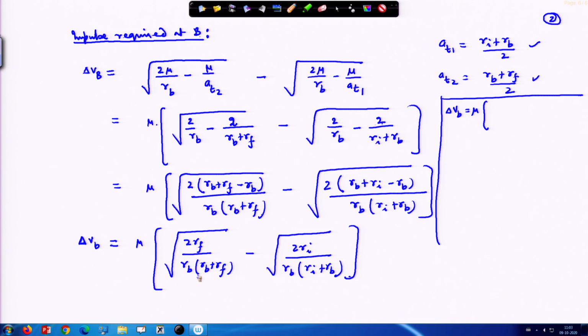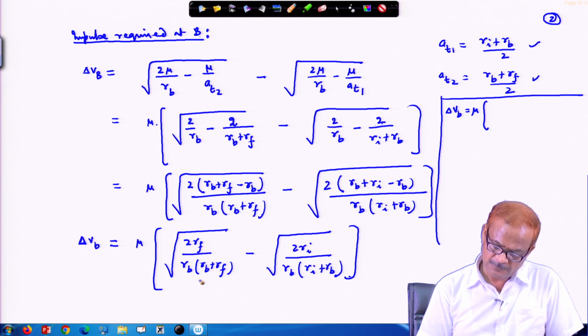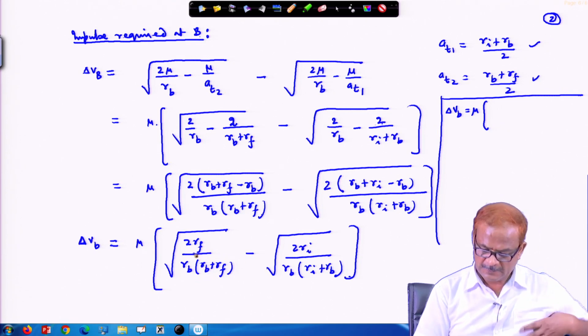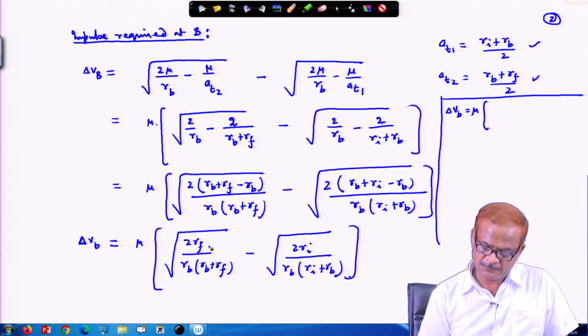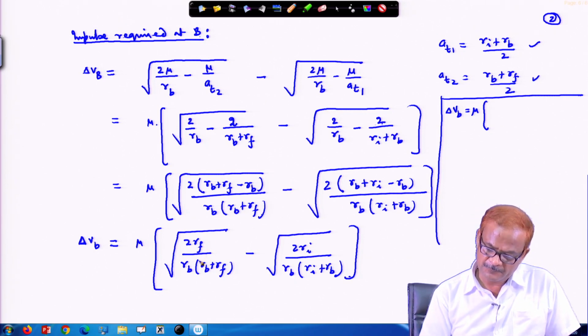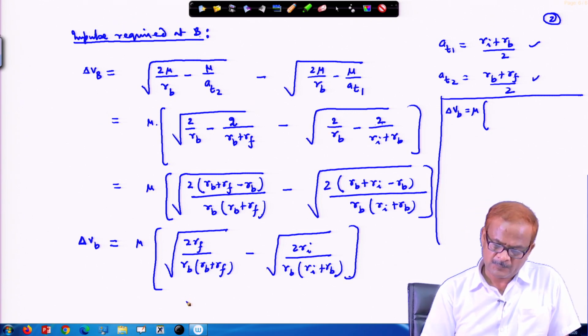Mu times. Now, the way this is appearing, r I is nowhere manifest. So, accordingly we have to divide it and write it in a proper way.